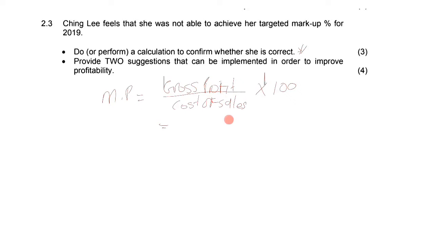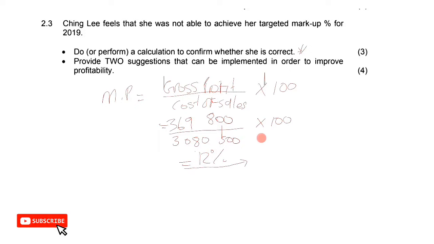So our gross profit amounted to 369,800, remember? And then our cost of sales was 3,080,500. After you multiply by 100%, her markup percentage achieved was 12%.